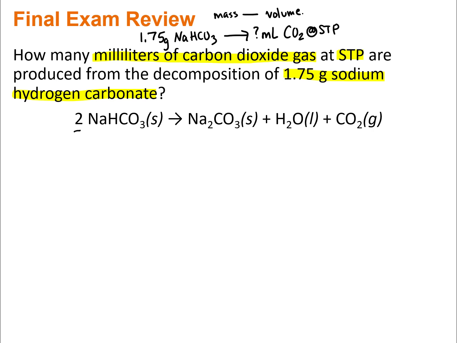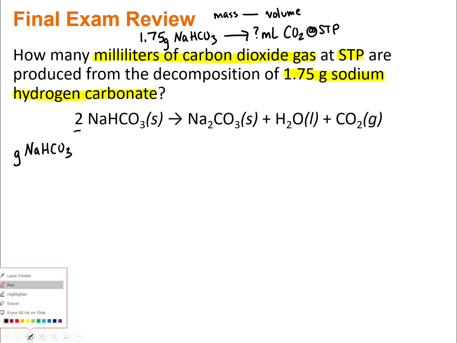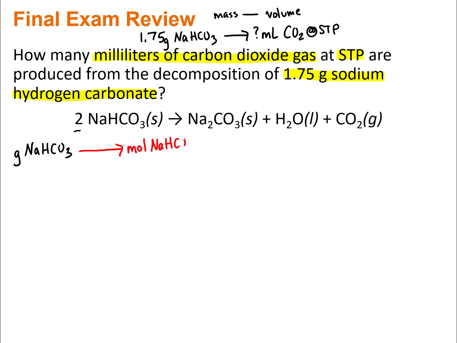So it's a mass to volume question. Here's our plan. We use the grams of our starting material. We need to get to moles. That's always the first step. Wherever you're starting, get to moles.